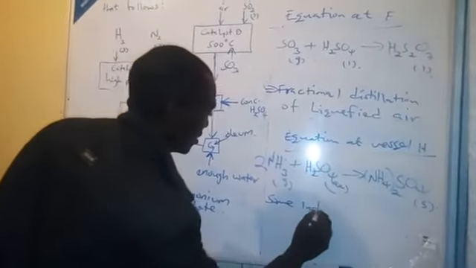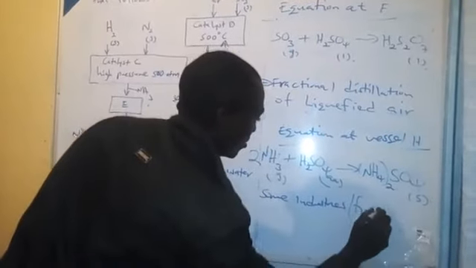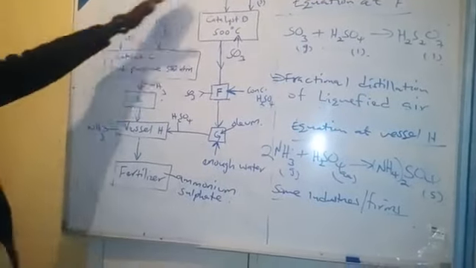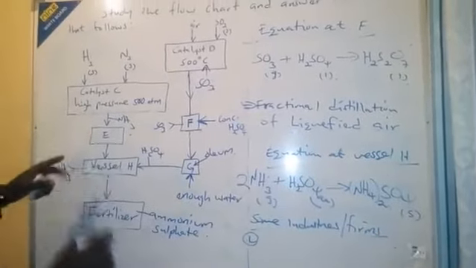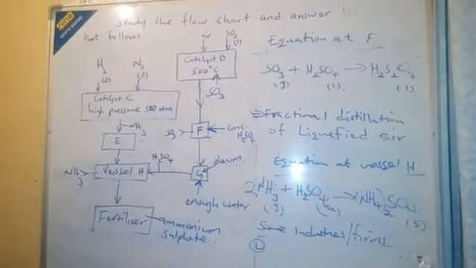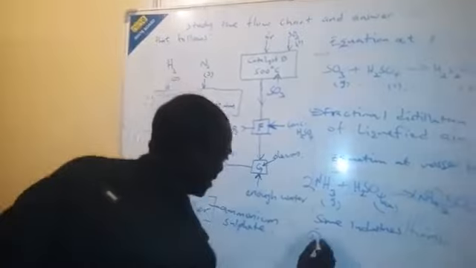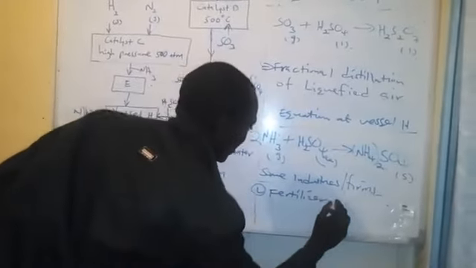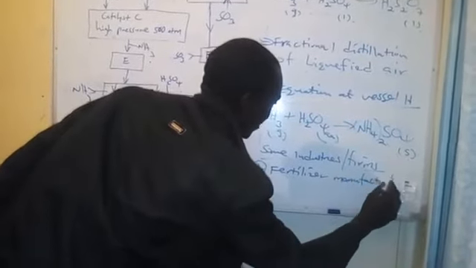Lastly, they asked, what are some of the industries or farms that can be set up near this particular process? One of the industries that can be set up near this process, remember there are two processes, Haber and Contact process, are fertilizer manufacturing industries.